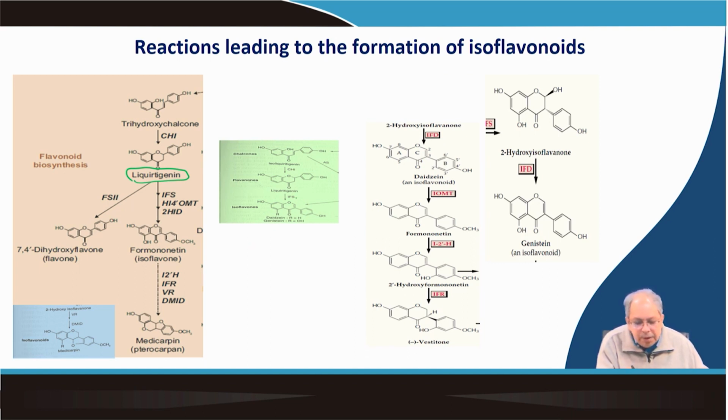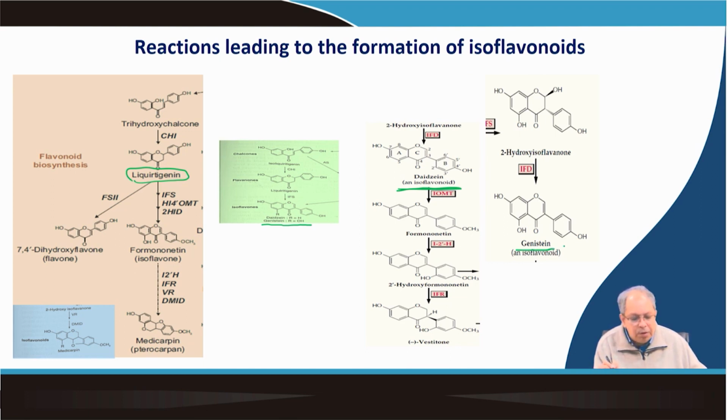For example, if it is IFS, isoflavone synthase, then it makes daidzein or genistein. Daidzein is an isoflavonoid, a dietary phenolic, or through another route it produces genistein.